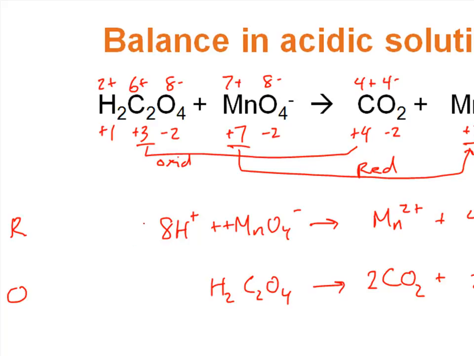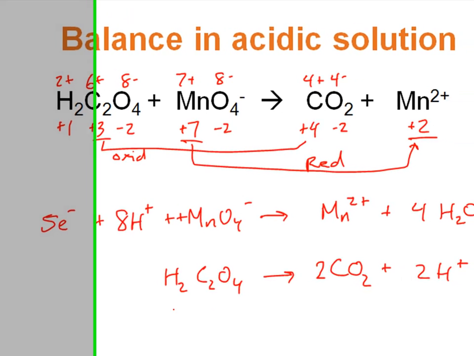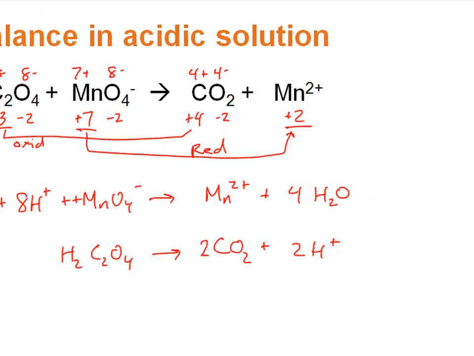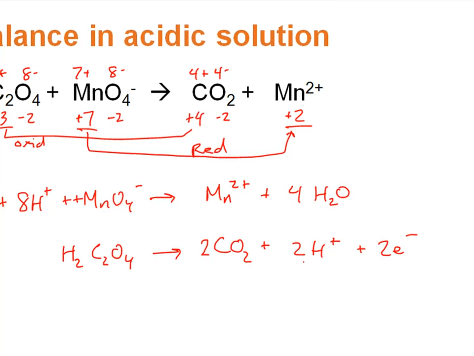So I need to add 5 electrons up top here to make +8 minus 1 minus 5 equal +2. On the bottom one, I need to add electrons too. I've got 2 hydrogens on the right side, no charge, no charge, so you're going to add 2 electrons here on the right side to cancel out that 2 positive charge.